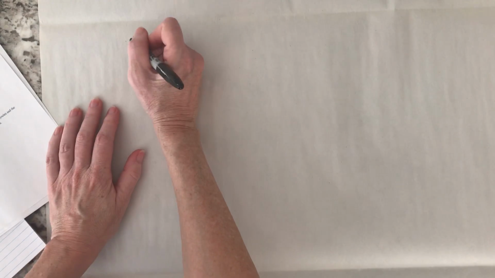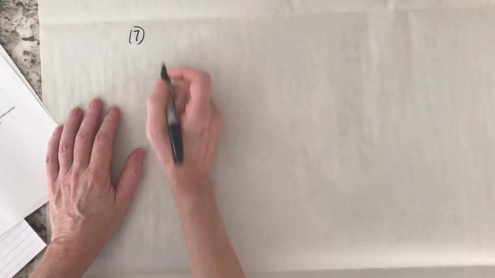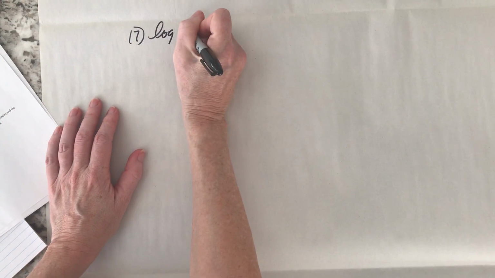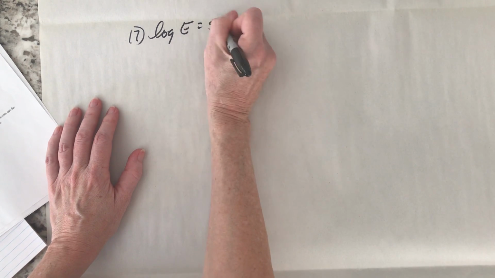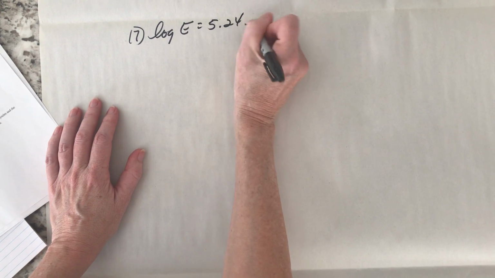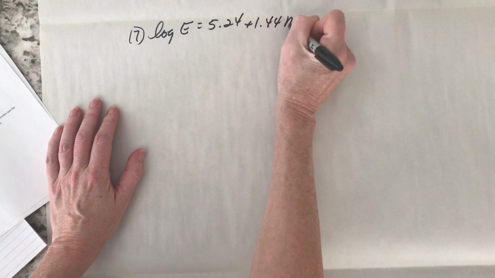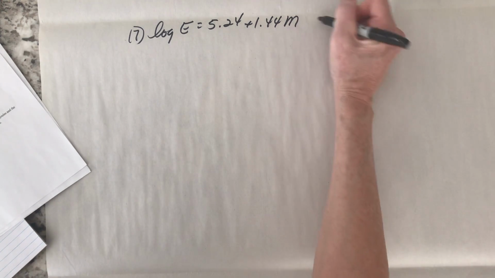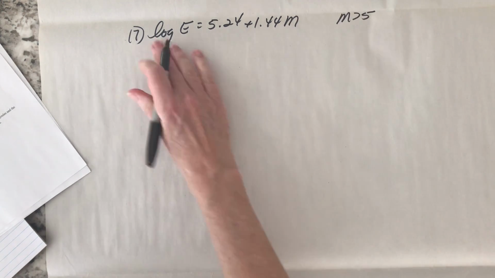Let's move down here for our last problem in this section. Number 17 is talking about earthquakes. Log of E equals 5.24 plus 1.44 times big M, and this formula only works when the magnitude of the earthquake is over 5.